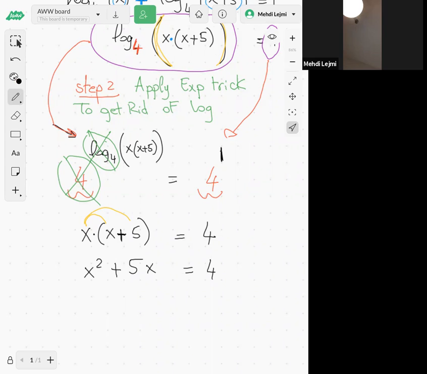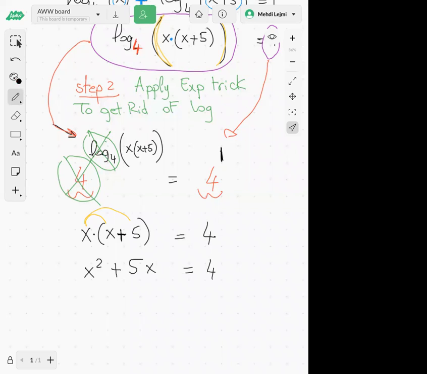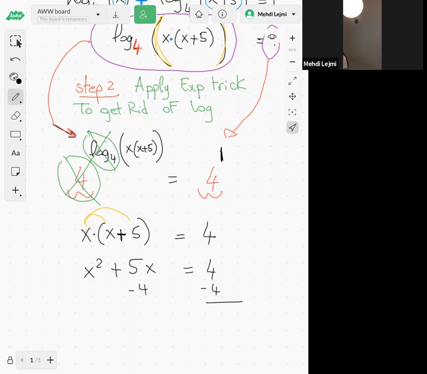This looks like a quadratic equation, so I'm going to move the 4 to the left and then use my quadratic formula. I'm going to subtract 4 from both sides. So now I have x squared plus 5x minus 4 equal to 0.